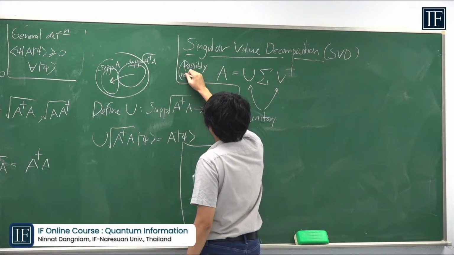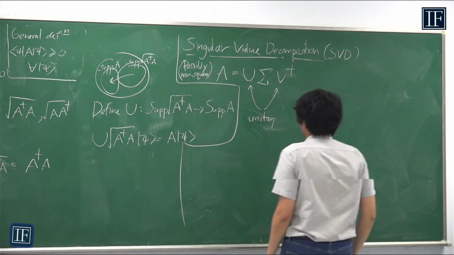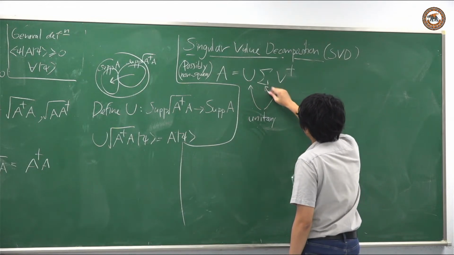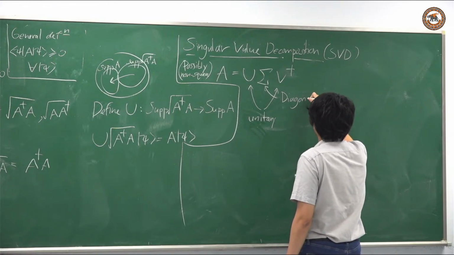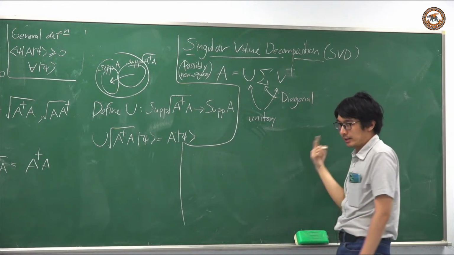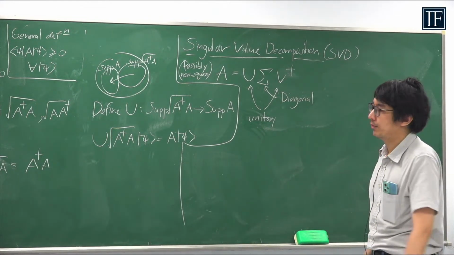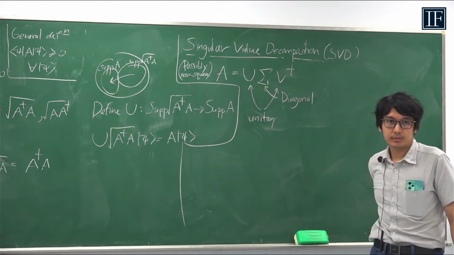So it can be a non-square matrix. The SVD will still work. And it's sort of like diagonalization, but with two bases. So one from the U and one from the V dagger.